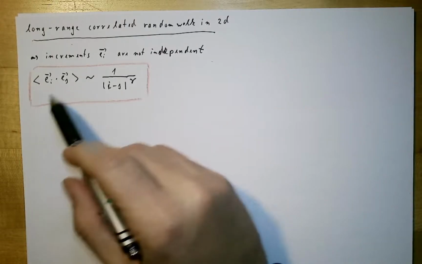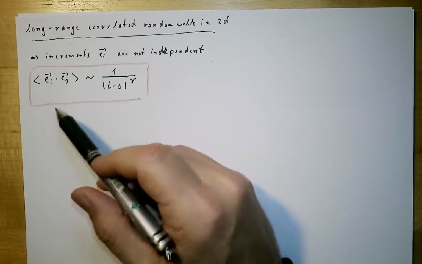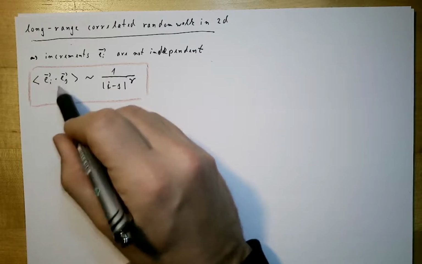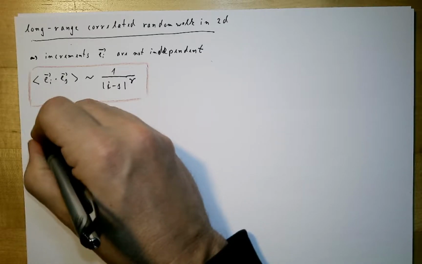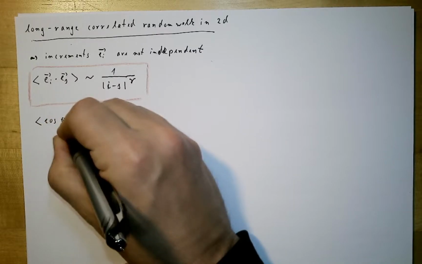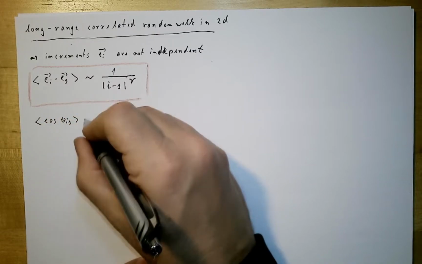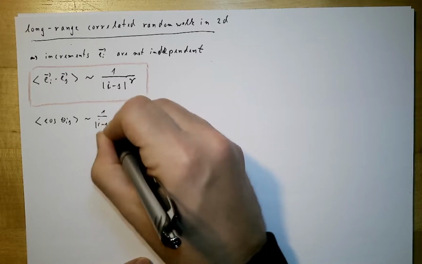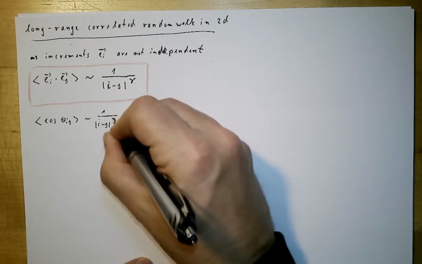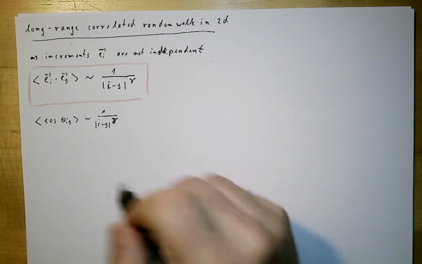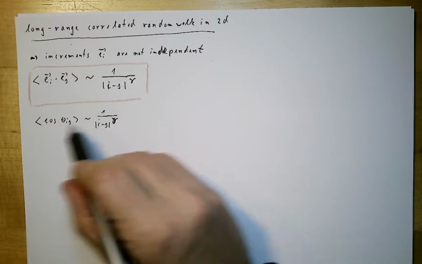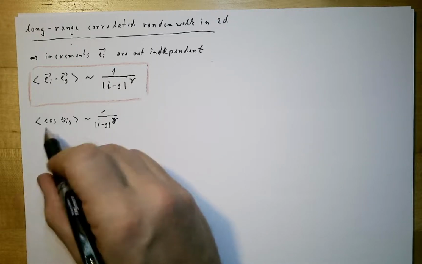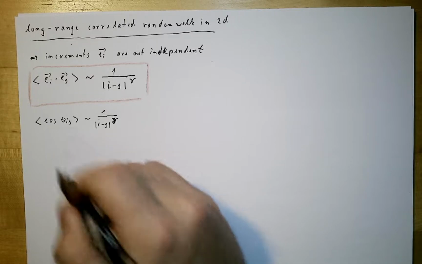But the more relevant idea is again that the increments have the same step length, but the cosine of the turning angles decays as 1 over |i minus j| to some power gamma. And now the question is, what would this mean? I mean, this basically means we have memory and directionality.